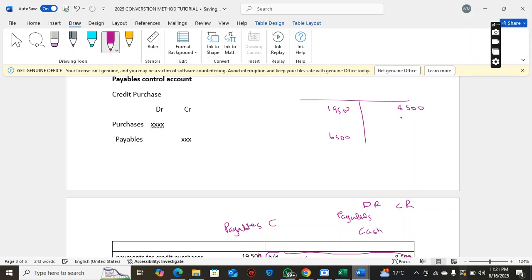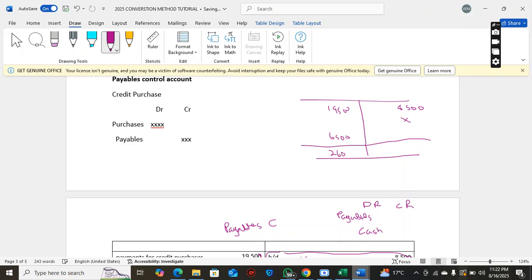And we're trying to find X. So what you're going to do is this: add 19,500 plus 6,500. What do you get? 26,000.